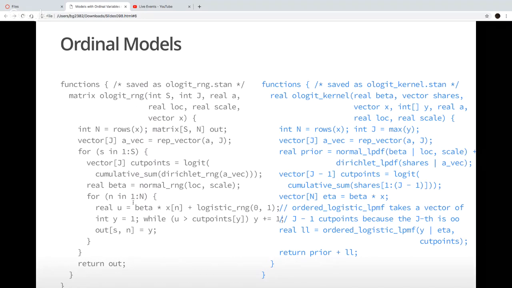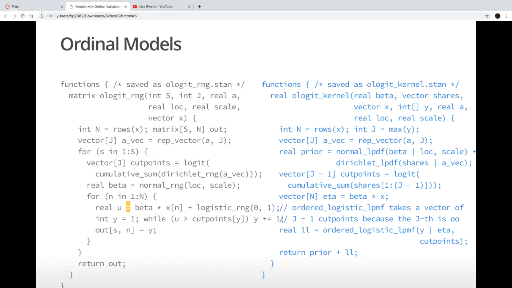Another thing that you might notice here is I could multiply u by any positive number and multiply beta by that number and change the standard deviation to that number. And I would get utility that is bigger. But if I multiplied all the cut points by the same number, I get the same predictions for the outcomes.